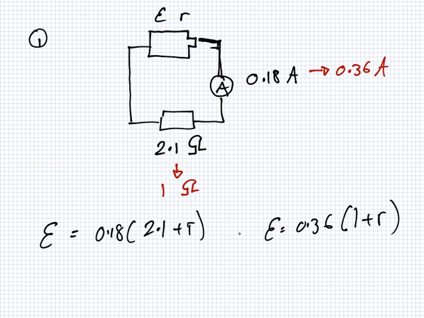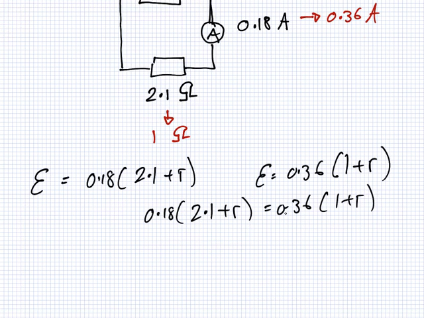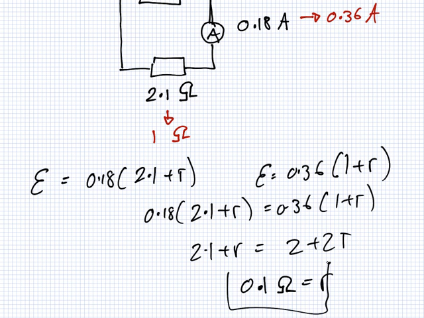Making them equal, we get 0.18 (2.1 plus r) equals 0.36 (1 plus r). So dividing, that's 2.1 plus r equals 2 plus 2r. So I get r equals 0.1 ohms. Now that's not the same as your answer because I changed the numbers, but are you happy with how I did that?